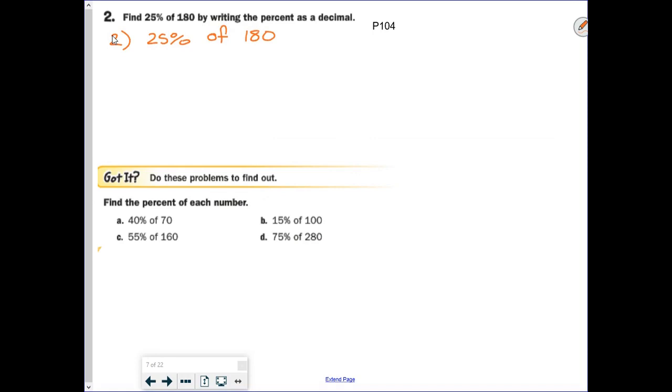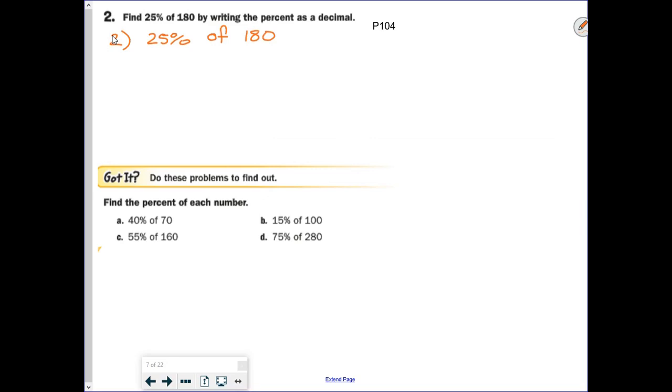And it says to take that 25% and turn it into a decimal. In order to turn a percent into a decimal, all we need to do is remember that percent means to divide by 100. Well, whenever you divide by 100, the simplest way to do that is to take your decimal point and move it 2 places to the left. Never 1, never 3, always 2.